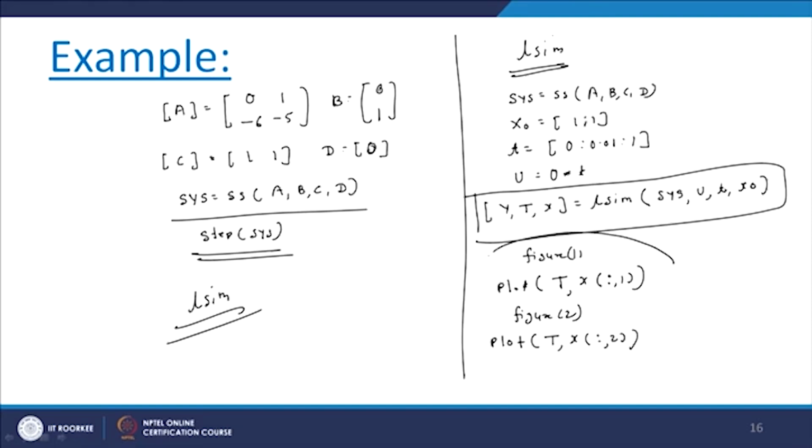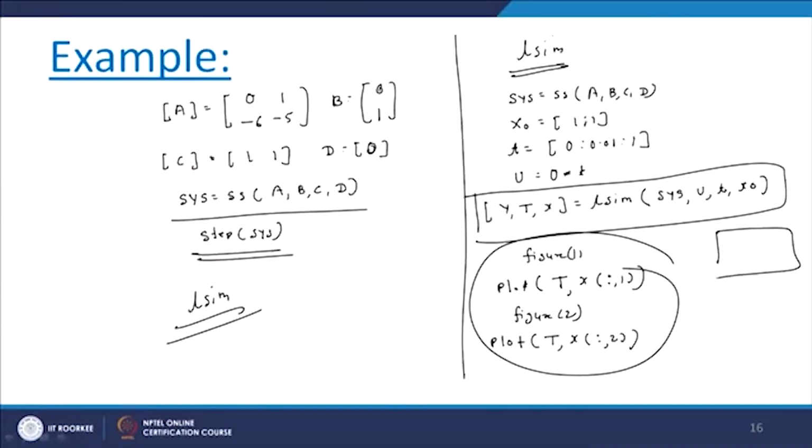Now this gives you the response of the system because of the different states. If you want the output response, we can write the command to plot output y with respect to time t. So in this way we can get the response of states as well as the output.